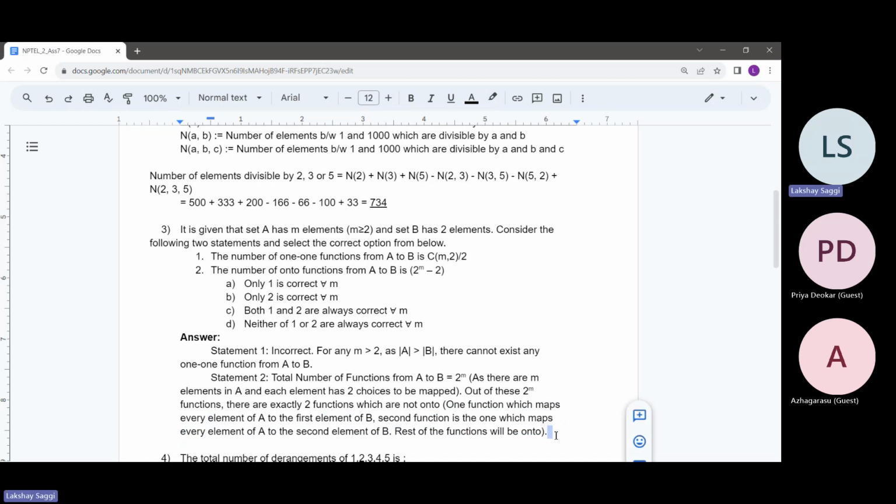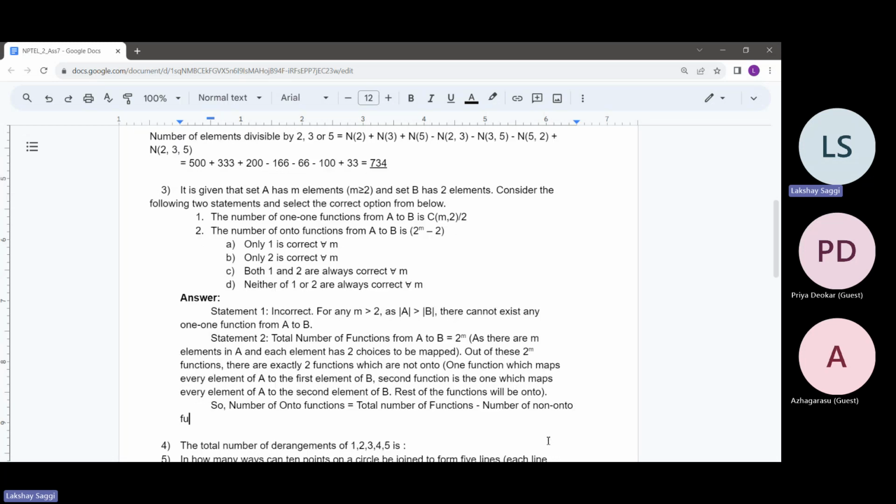So what this means is that the total number of onto functions is equal to the total number of functions minus the number of non-onto functions.